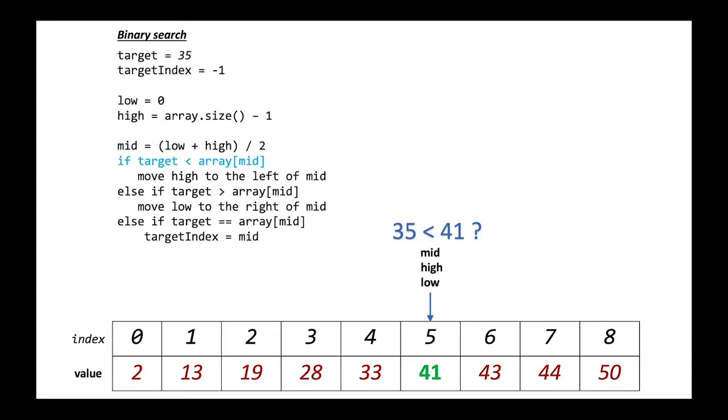Remember, we're looking for 35, and so this if statement is going to resolve to true. 35 is going to be less than 41, the current location of mid. And so according to that, our algorithm says to move high to the left of mid.